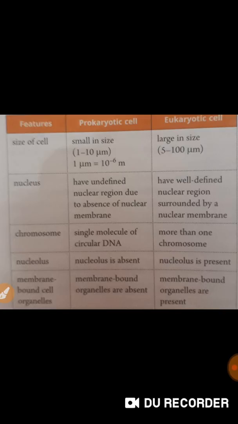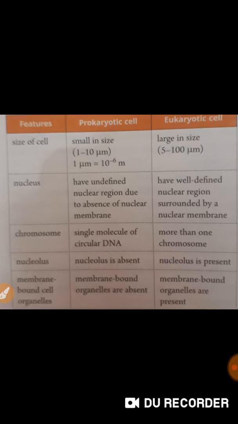Their nucleus is not surrounded by a membrane. The genetic material is in direct contact with the cytoplasm. These cells have a primitive organization of genetic material, which is entirely different from the genetic material of eukaryotic cells.